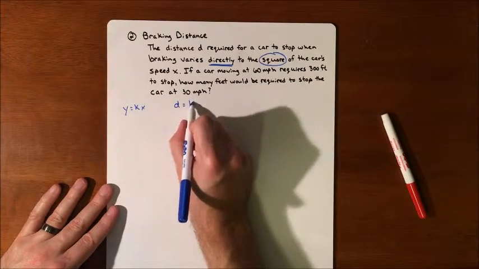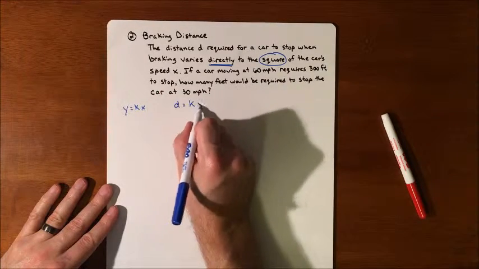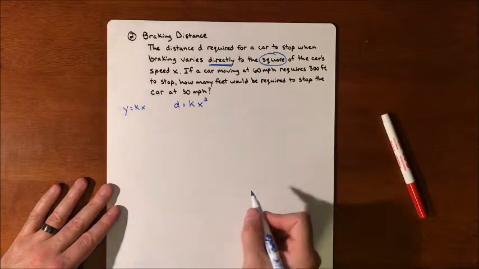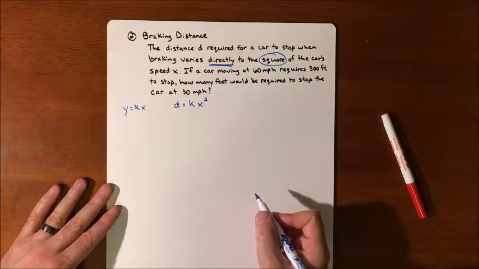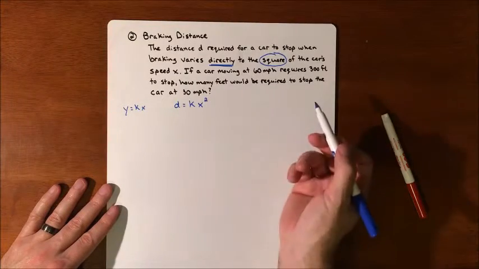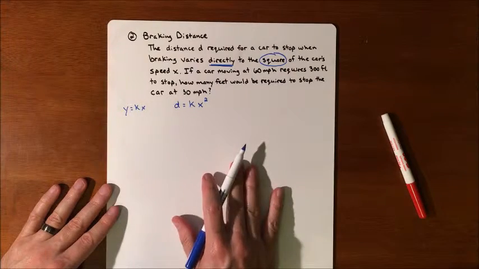So it's still going to be some constant times x. The speed is x, but it's the square of the speed. So that makes it look like that. Still a varying directly, it's just messing with the equation just a little bit. So they give us the situation, see if we can find out what k is, and then again we can answer any question that relates to it.